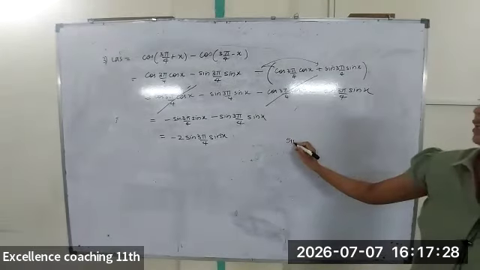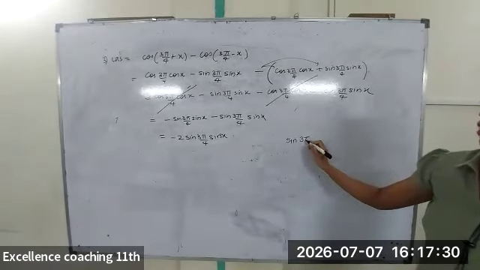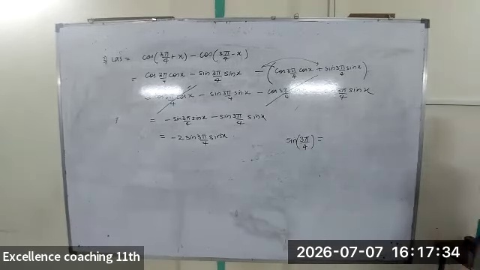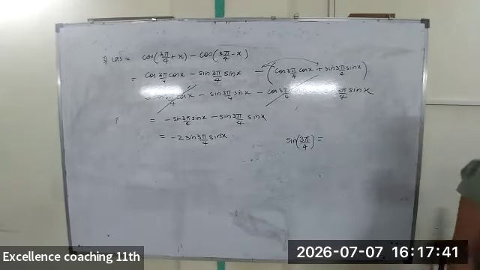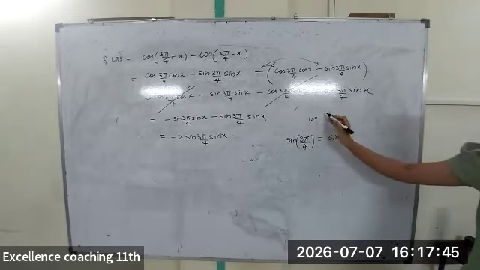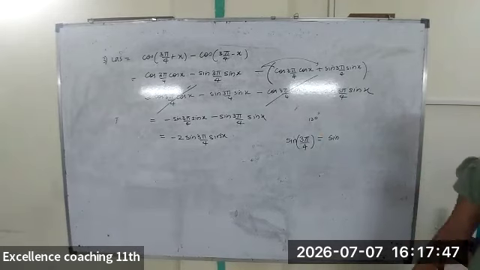So in the rough work, let us find the value of sine of 3 pi by 4. If it was just pi by 4, we could write 1 by root 2, 45. But this is not 45 degrees. If you convert it in terms of degrees, it will be 135, I think. You can check that.